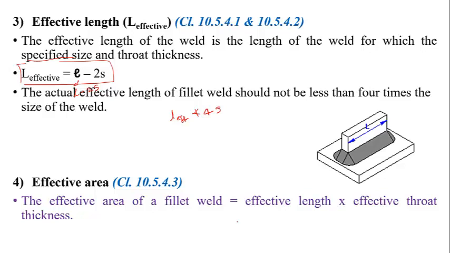So the effective area is taken as L effective times the throat thickness, or effective throat thickness. They both represent the same. So the effective length and effective throat thickness product will give you the effective area. Okay, this is the specification regarding effective area calculation of fillet weld.